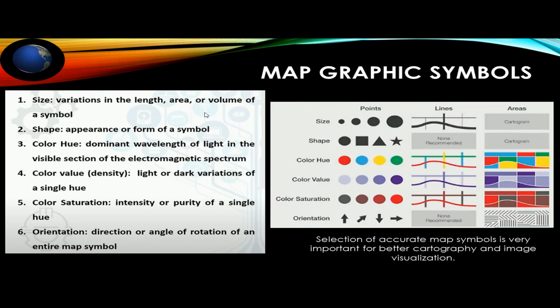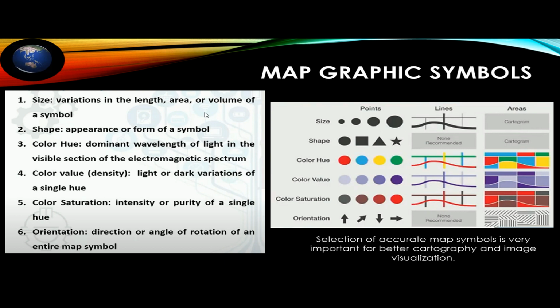What should be the size of this thing? What should be the shape? Shape means the appearance in the form of a symbol. If you see any OpenStreetMap, you'll see how the temple symbol is, how the school or college symbols are, how the industrial symbols are. So shape speaks about the appearance or form of a symbol. And color tells about the dominant wavelength of light in the visible section of the electromagnetic spectrum.